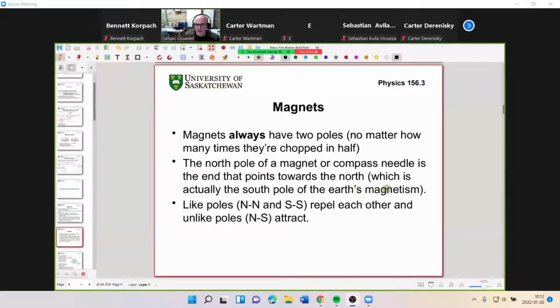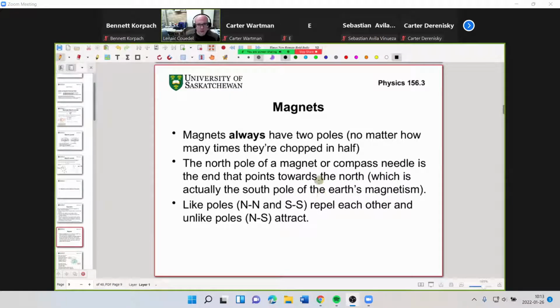That implies that the south pole of the Earth's magnetism is actually at the geographic north, because north is repelled by north, south is repelled by south, and unlike poles, north-south, attract each other. So you can make a parallel with electricity, where like charges repel each other and opposite charges attract each other.